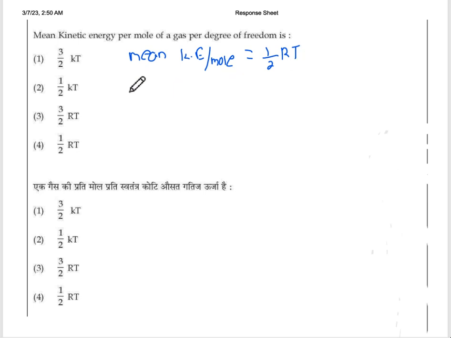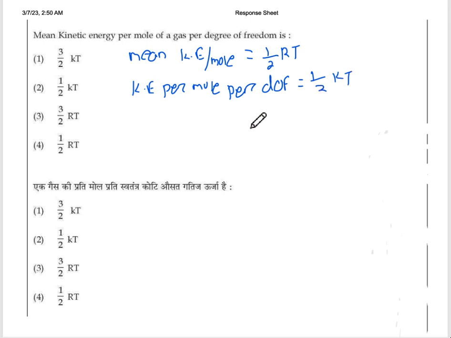Okay, if I write the same, kinetic energy per degree of freedom is written as half kT.